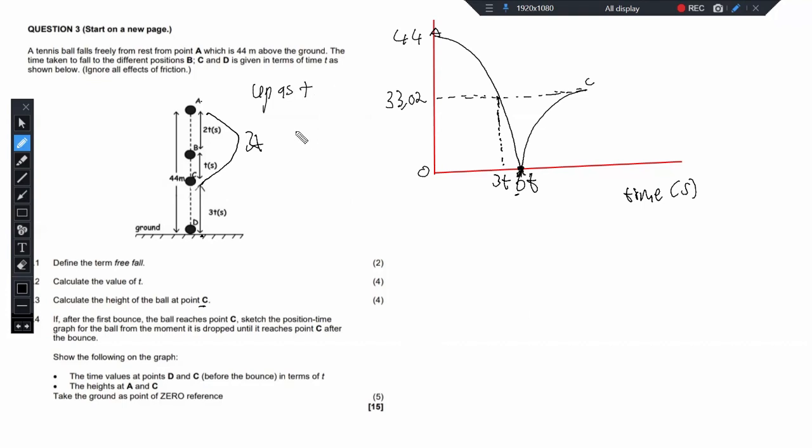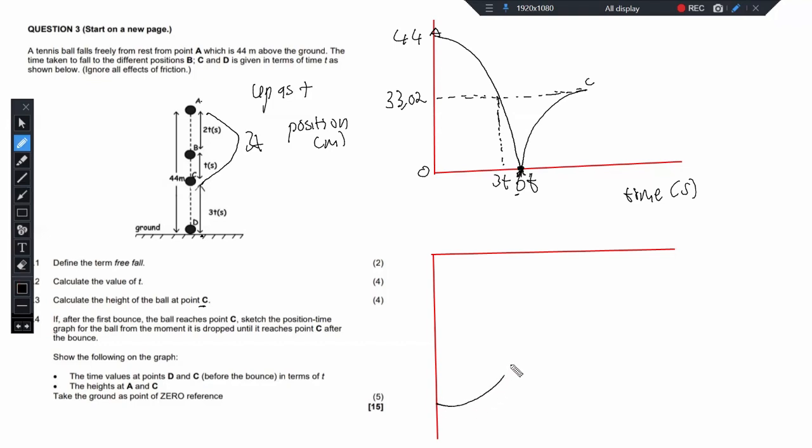And then here we have a position in meters. Note that this is for upward as positive, but for someone who chose to draw the graph taking downward as positive, the graph obviously will be below the x-axis.